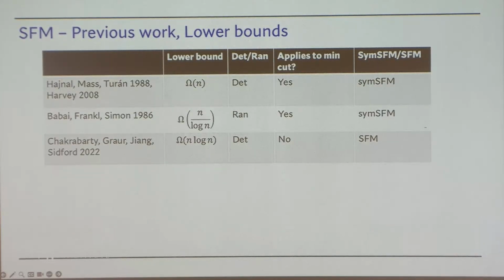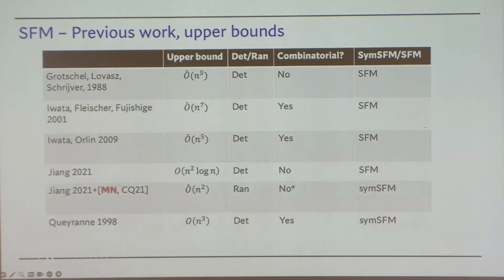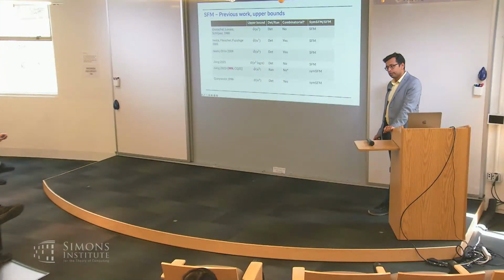However, the lower bound is stuck over here at omega of n. So it means that if you have any algorithm for trivial submodular minimization, you get one also for non-trivial.